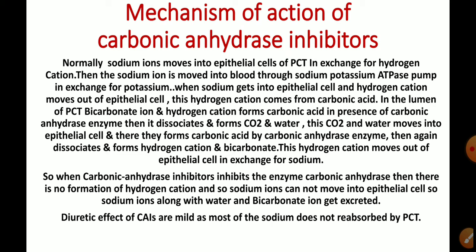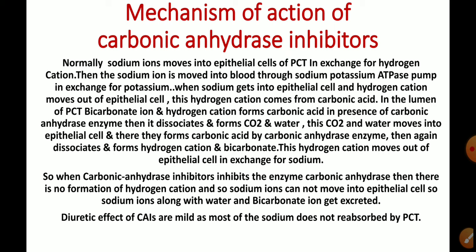When sodium gets into the epithelial cell and hydrogen cation moves out of the epithelial cell, this hydrogen cation comes from carbonic acid. In the lumen of PCT, bicarbonate ion and hydrogen cation form carbonic acid in the presence of carbonic anhydrase enzyme. Then it dissociates and forms carbon dioxide and water.